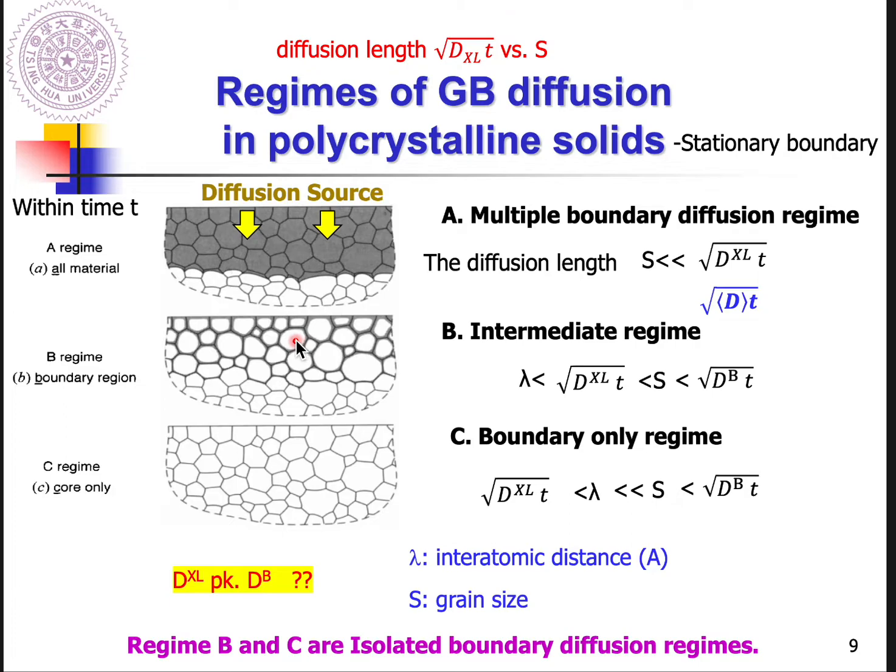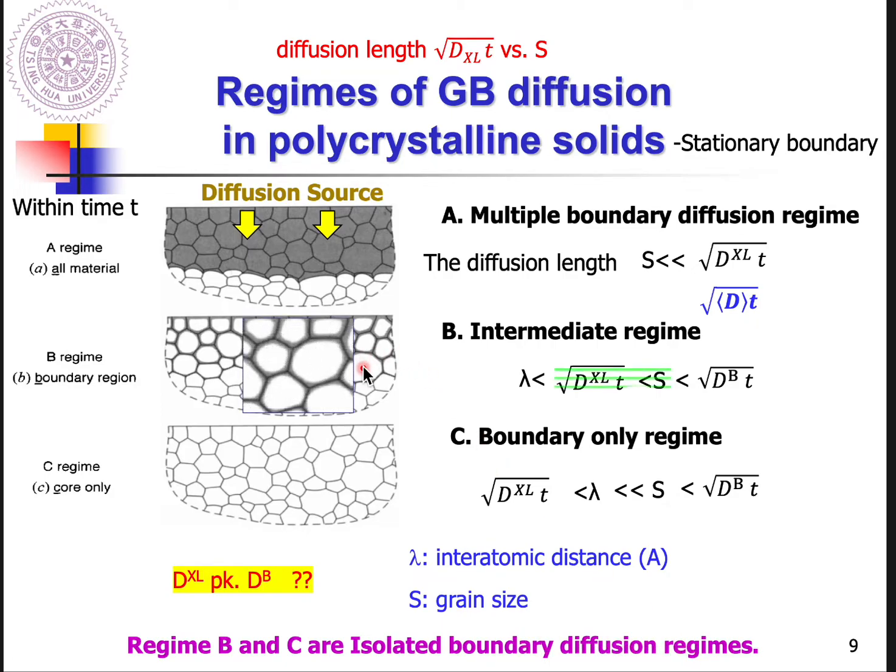And if you want to calculate or estimate the concentration of diffusing atoms inside a specific grain, you only need to consider one diffusion source. So we call it an isolated boundary diffusion region. You don't need to consider different sources, just one source.